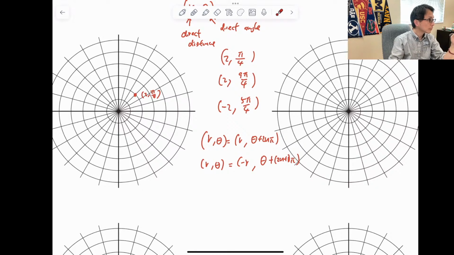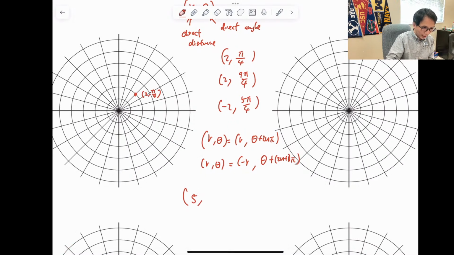So here, I'm going to give you coordinates: 5 and 5 pi over 6. I want you to give me two different things. One is positive r and one is negative r, but they also represent the same exact coordinates.